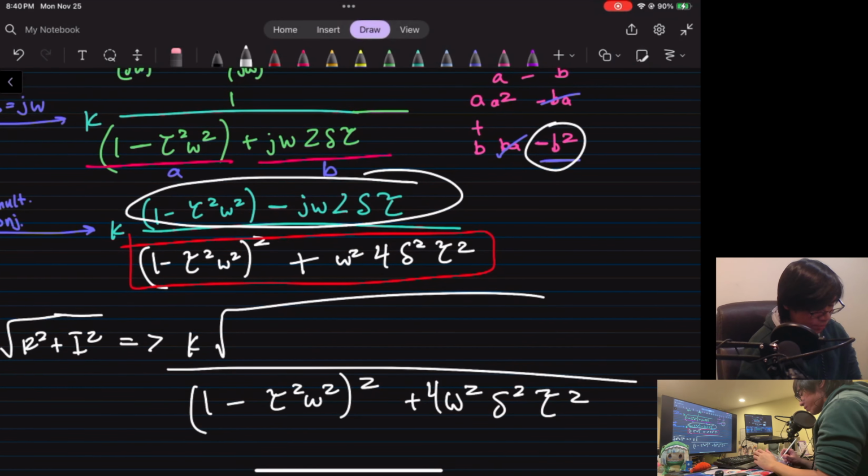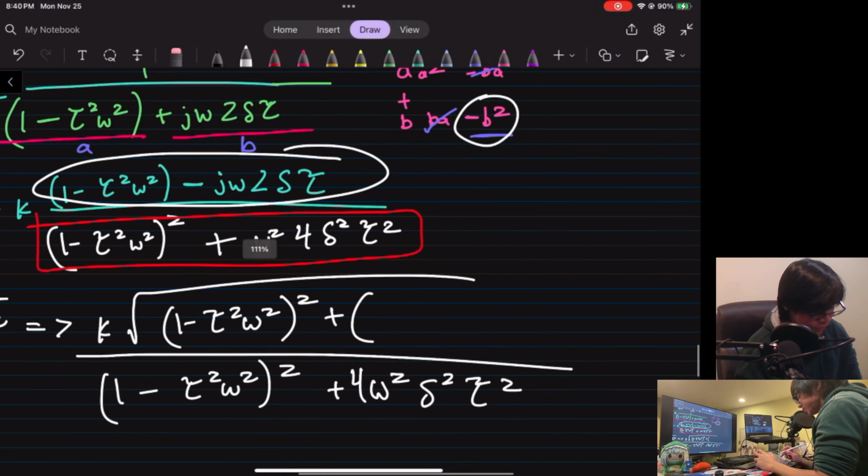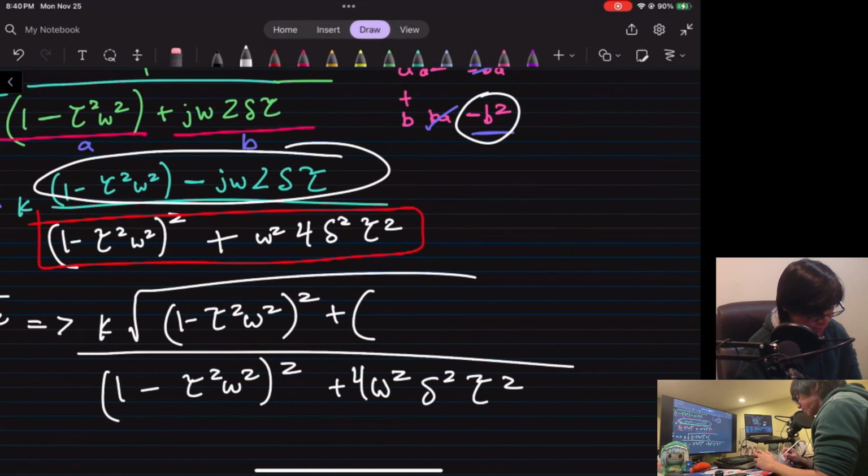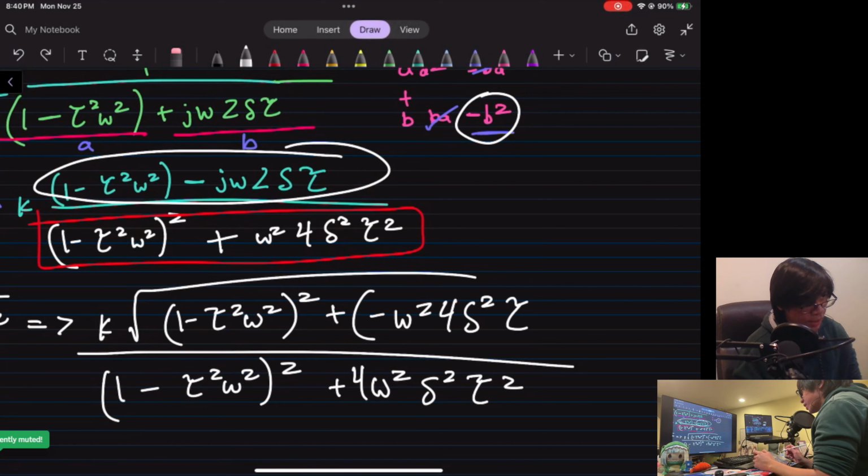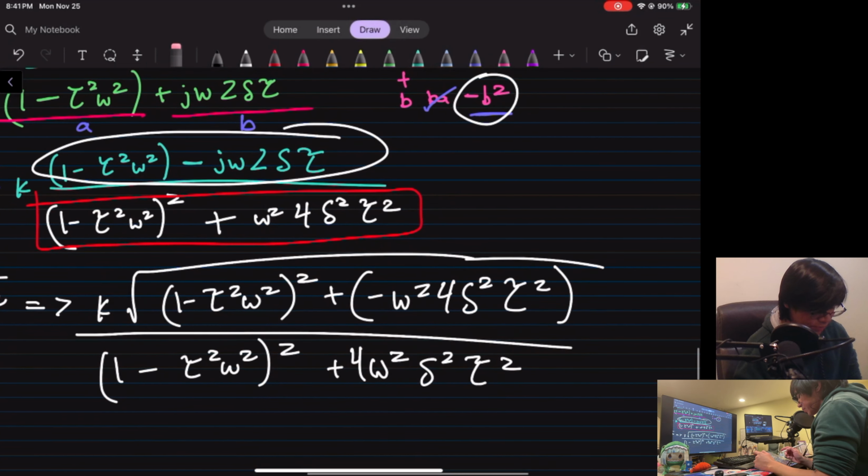We have 1 minus tau squared omega squared, squared, plus, so I guess it's technically negative, but it gets squared anyway. So we're just copying this down and squaring it, honestly. So it's squared, and then this is a positive. Did I do that right? Yeah, because we squared the -1. So it becomes plus.